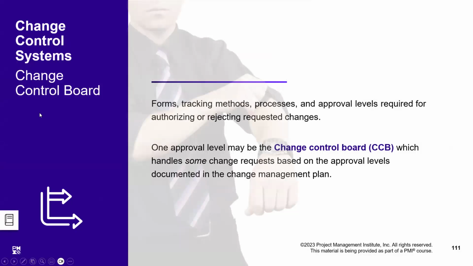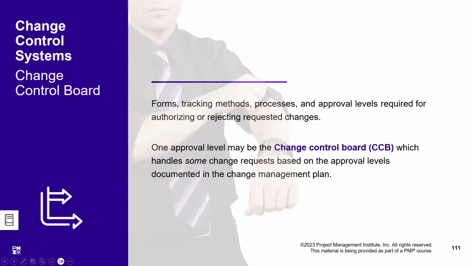Okay, change control system, naturally, that is the change control board, which defines the change control system. That is a mechanism consisting of forms, tracking methods, processes, and other approval levels required for authorizing or rejecting a requested change. It is the whole procedure which I have already described to you. And there are various levels of approval.